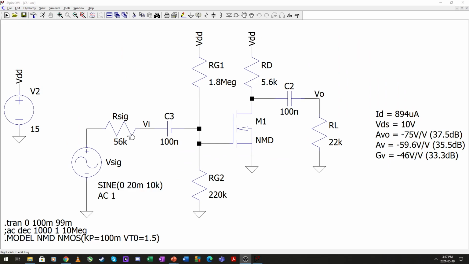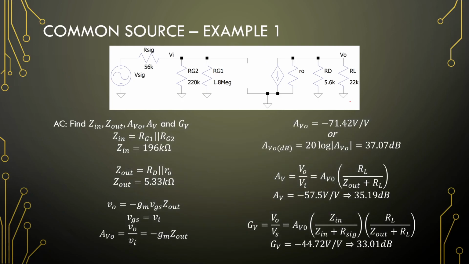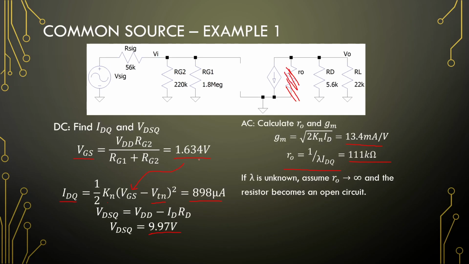So here is our first problem. Calculated, I measured the drain current at 894 microamps, VDS of 10 volts, AV0 of 75, 59.6, 46 volts per volt for the total. So before I run this, let's have a look here.